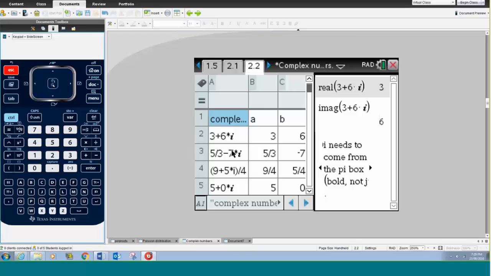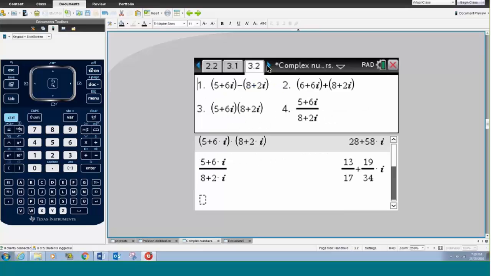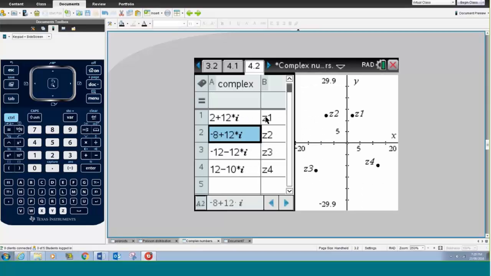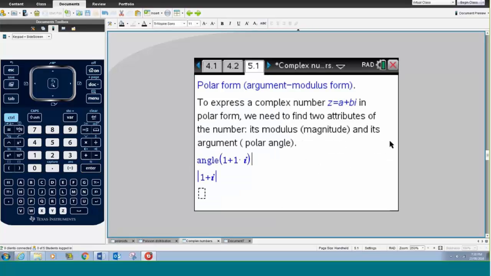For more operations like division of complex numbers, the calculator will do it easily. We can also use this spreadsheet which shows the values, so students can play with that and change it. If they enter, let's say, -6, then they will see what happens to a particular number. So that's a few more things they can do.